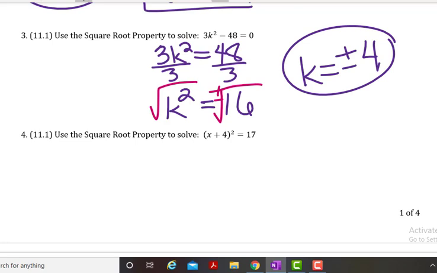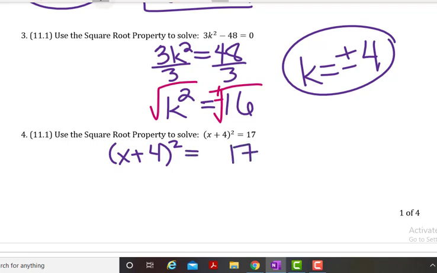Number 4, use the square root property to solve x plus 4 quantity squared equals 17. We already have a perfect square on one side. It is the x plus 4 squared, and it will equal our 17.